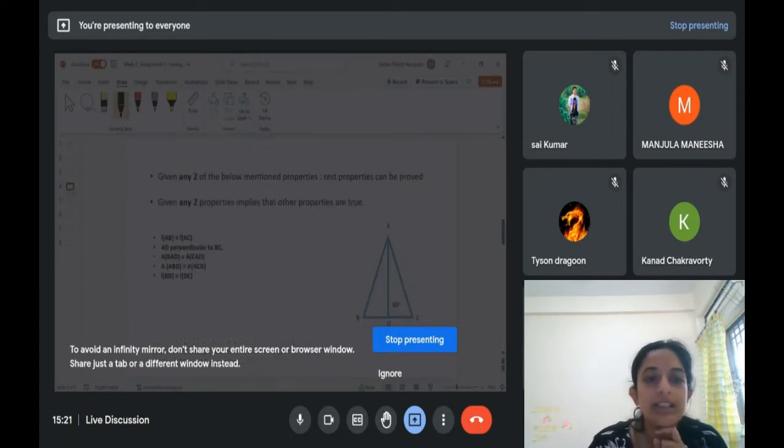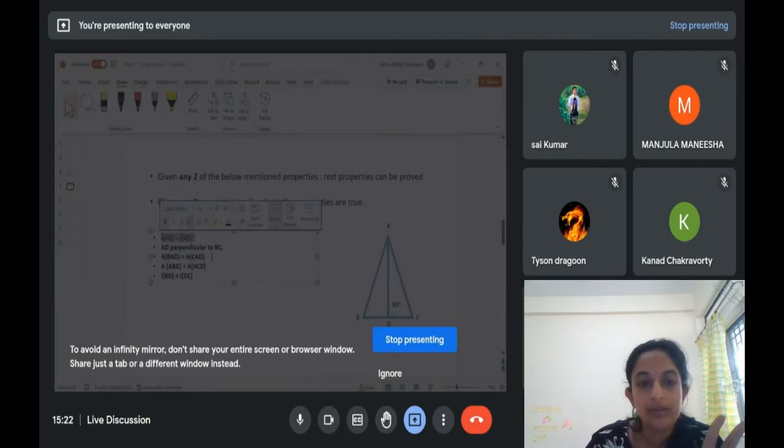Now let us see that. If we are given any two of these five properties, which I am highlighting right now, I can prove the other three properties.